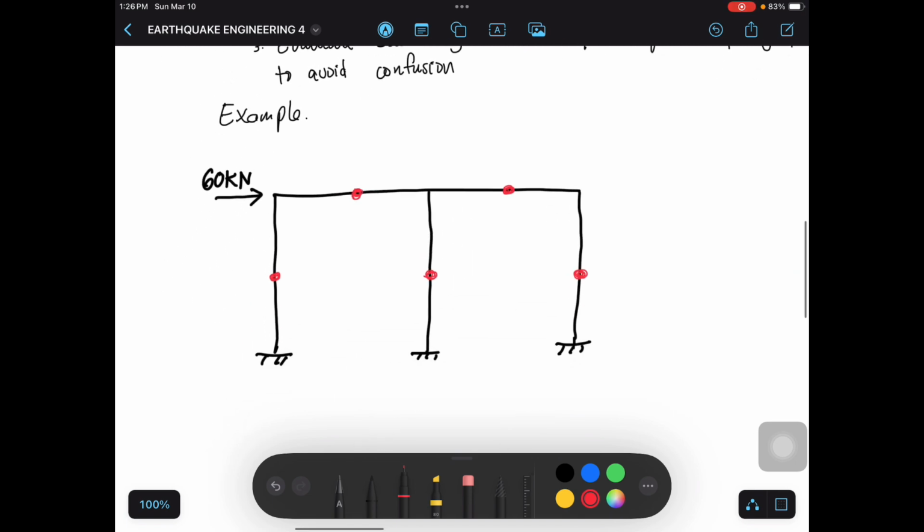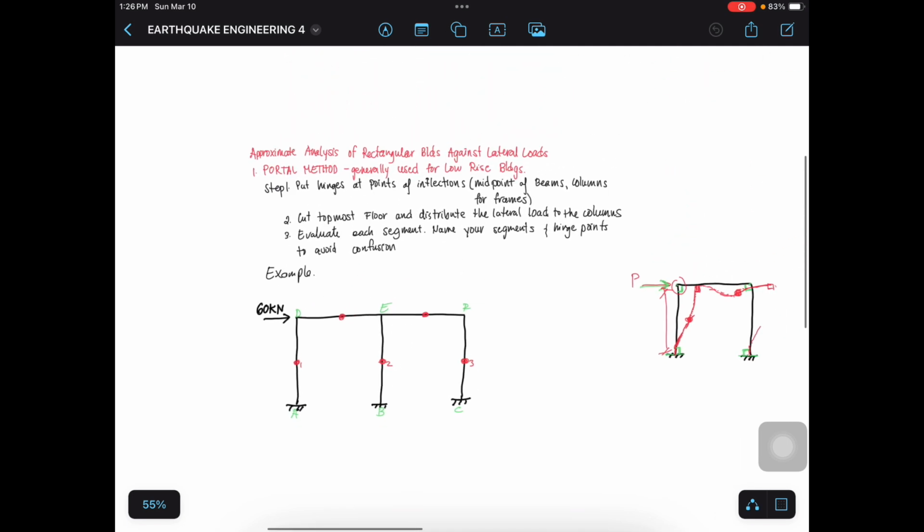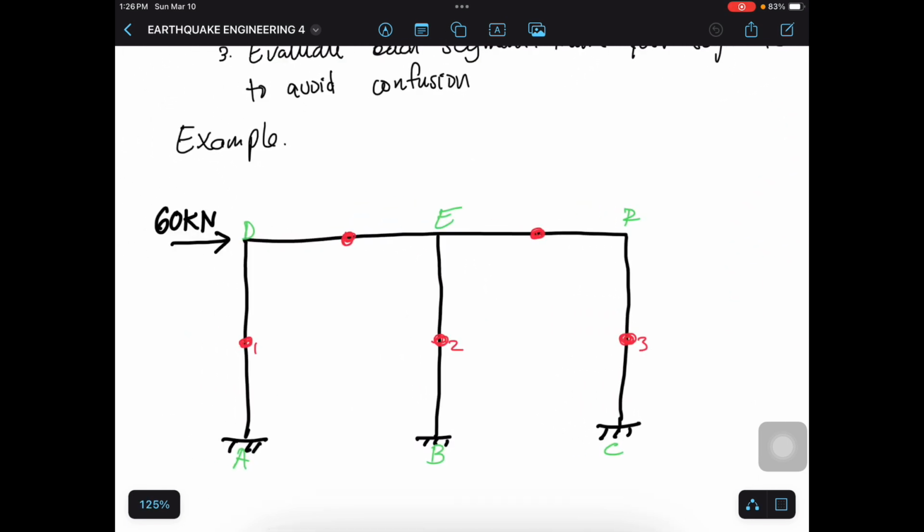So, to avoid confusion, let's name na silang lahat. So, this is A, B, C, D, E, and F. Then, yung point of inflections or hinge joints, 1, 2, 3, 4, 5.